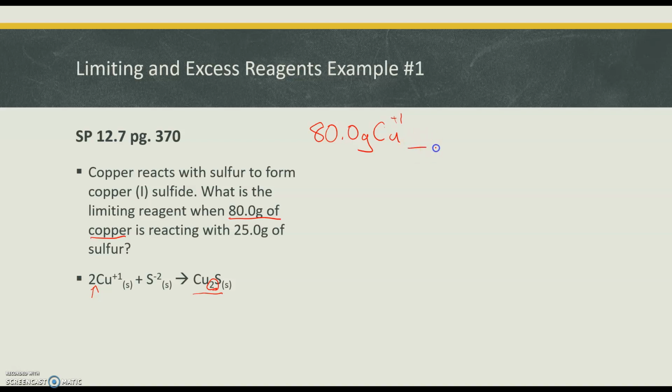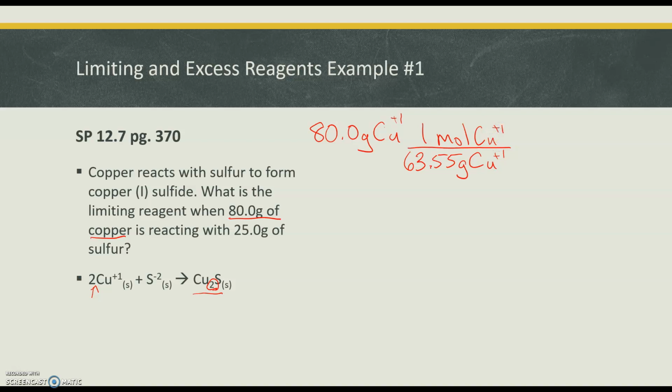What I got was first, the molar mass of copper is used here. Our molar mass is going to be 63.55 grams copper to 1 mole of copper.